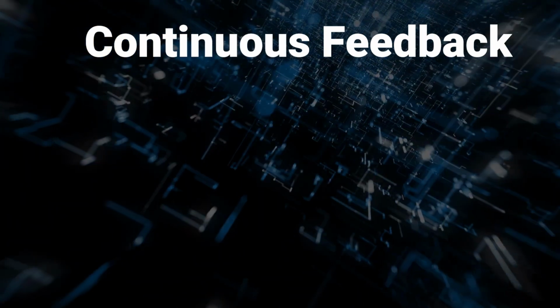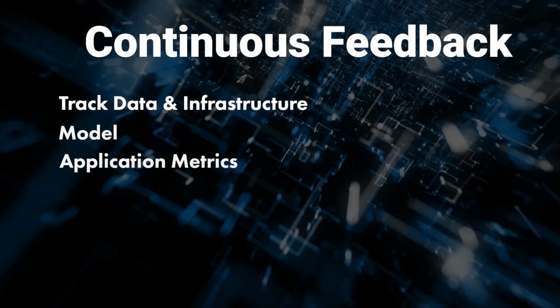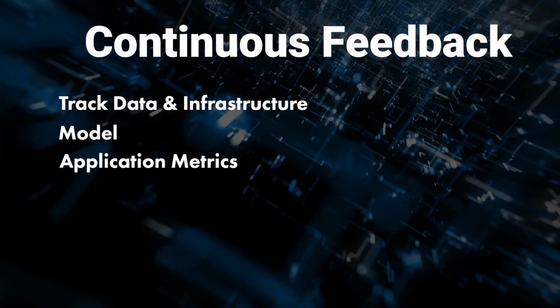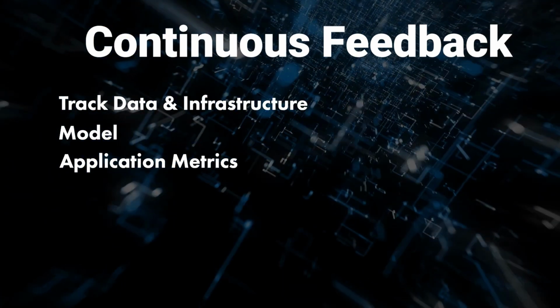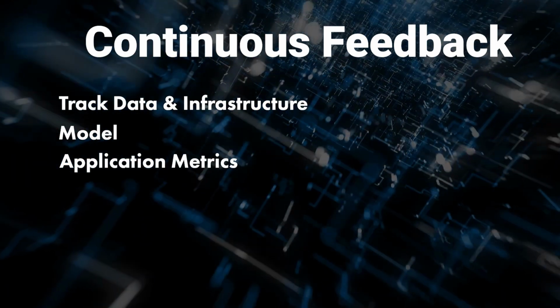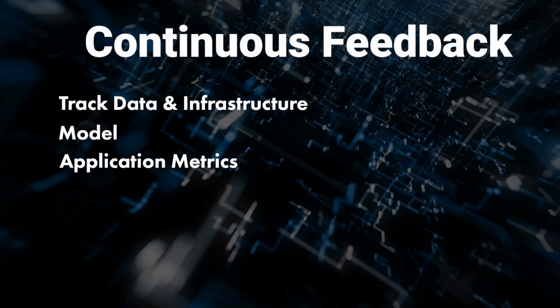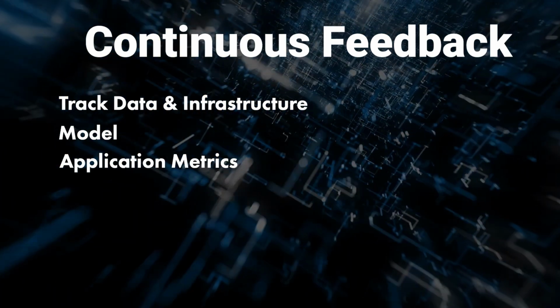At this point, we will track the infrastructure, data, model, as well as the application metrics itself. Wherever possible, we will set up alerts for various situations, like whenever we observe a data drift or a concept drift, which will indicate potential model underperformance.